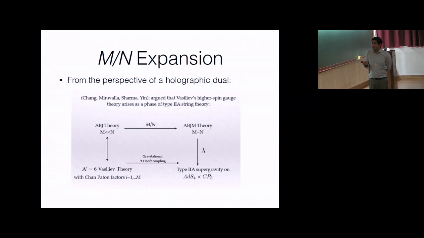And somehow when this gravitational 't Hooft coupling increases, these fields undergo a confinement transition and have to become type IIA supergravity on AdS4.